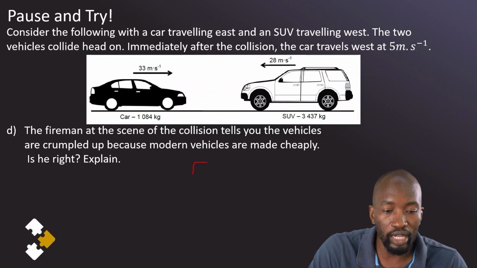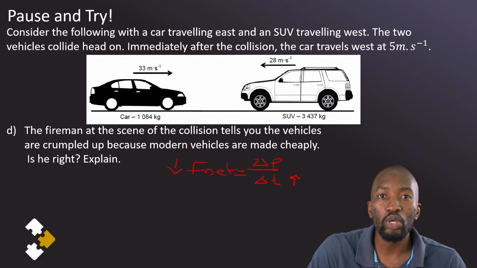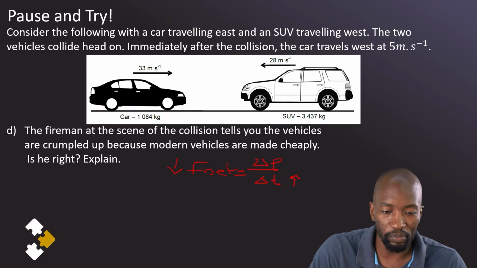And remember, we know that F net is equal to the change in momentum over the change in time. Now, if they increase the contact time when they crumple, this means the forces will be less. So he isn't right, because these cars are made to crumple so that the forces on the people is less and to reduce the chance of injury.